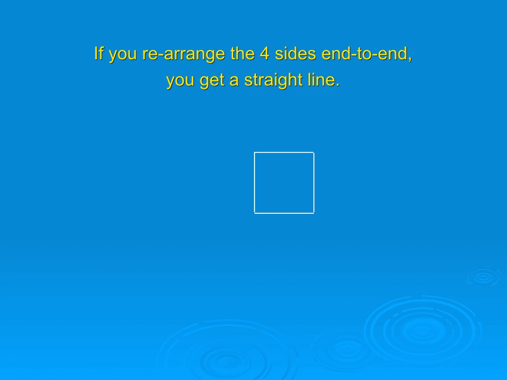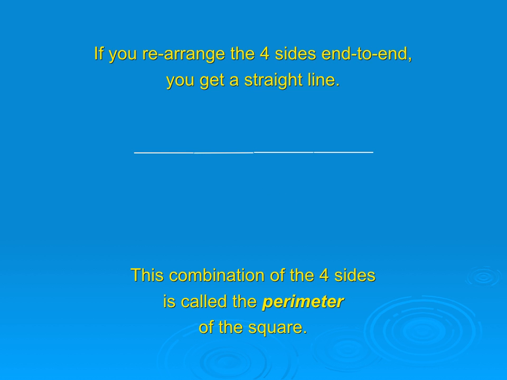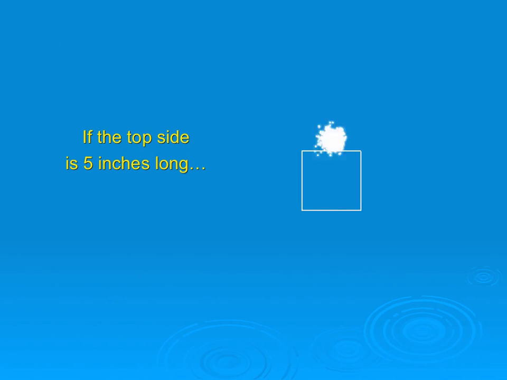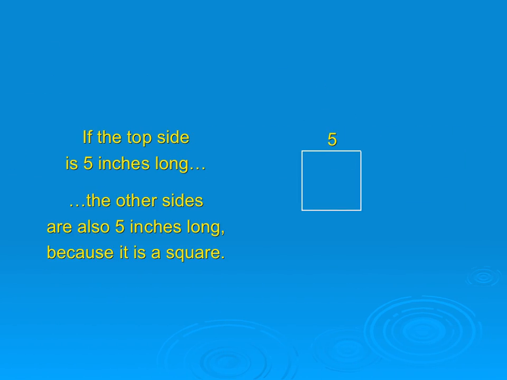If you rearrange the four sides end to end, you get a straight line. This combination of the four sides is called the perimeter of the square. If the top side is 5 inches long, the other sides are also 5 inches long because it is a square.